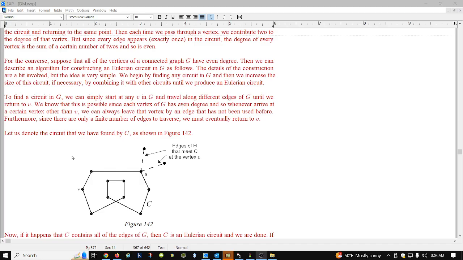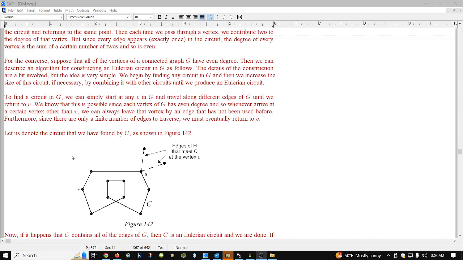That would add 1 to our count of degree for that vertex and would make it now an odd degree. So we know there has to be one more edge we haven't used yet because we know the degree of the vertex is even. So we can never get stuck in a vertex.